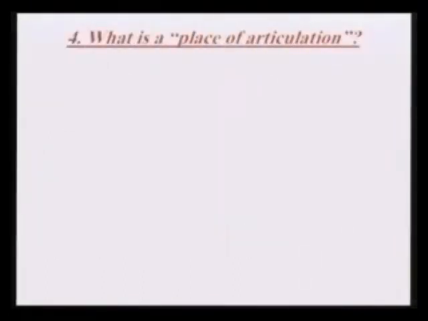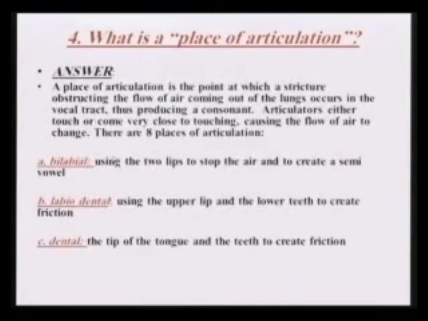ولذلك في الكونسونانت شارت بتلاقي الثلاثة دول expressed in the consonant chart. What is the place of articulation? It's the point at which a stricture obstructing the flow of air coming out of the lungs occurs in the vocal tract, thus producing a consonant. If there's stricture, there's a consonant.